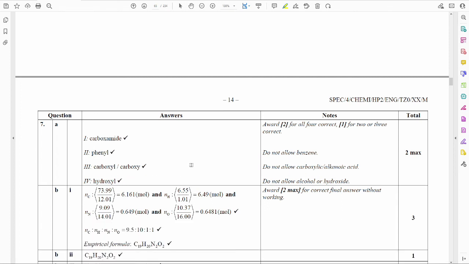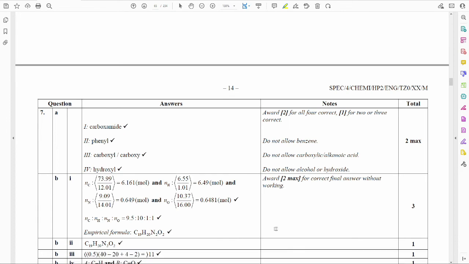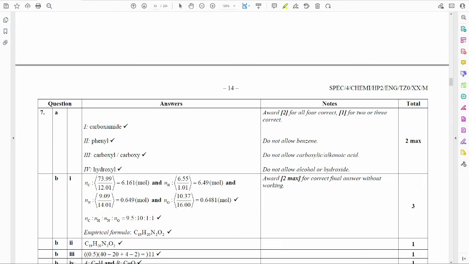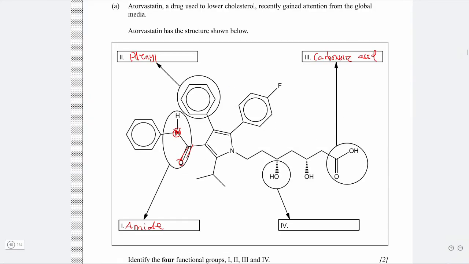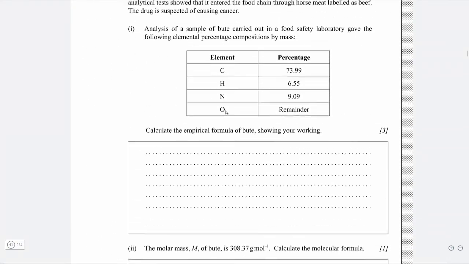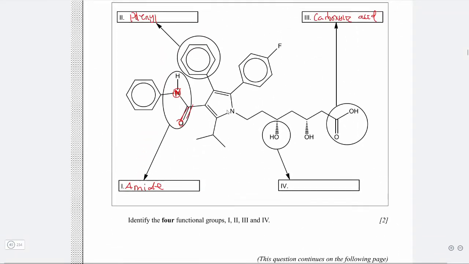Carboxyl. Do not allow carboxylic acid, and do not allow alcohol or hydroxide. Well, that's weird. Apparently they want carboxyl and hydroxyl, so well, fine, I guess. Very picky.